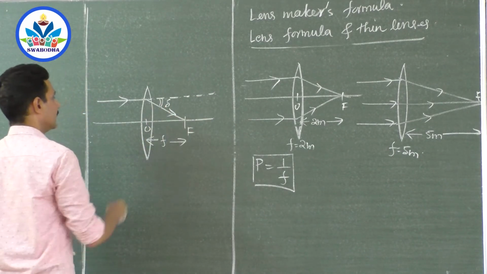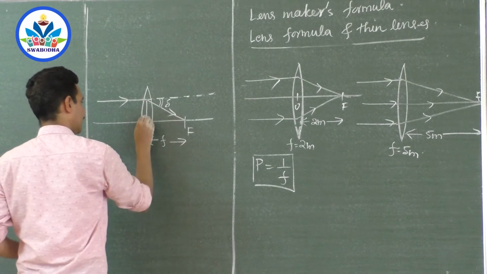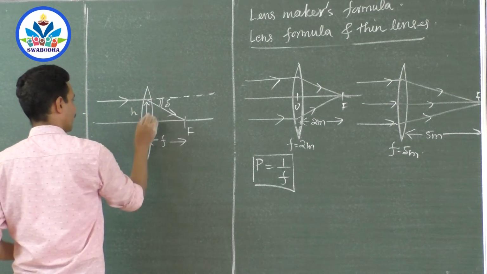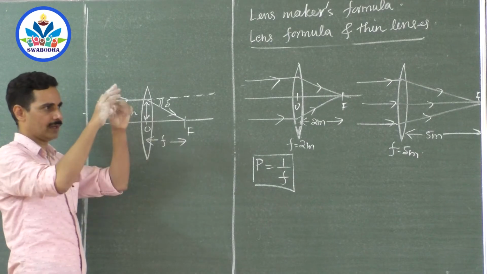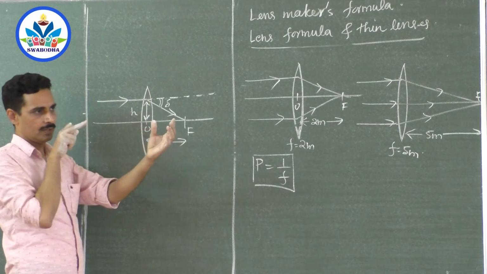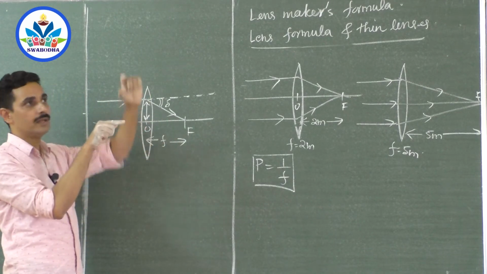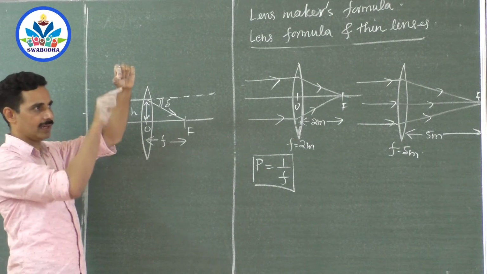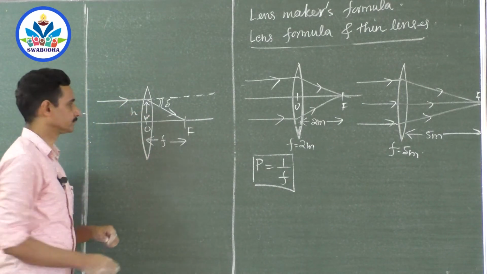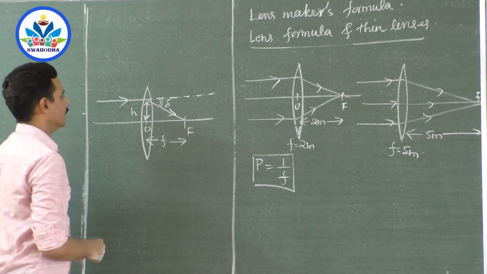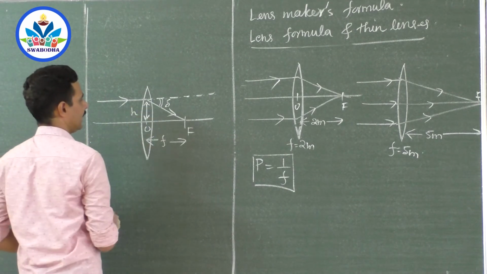And I assume that this ray of light has been incident at a height h from the optic center. The lens is in the form of a circular object, and from the center to the height where the ray is hitting the lens, I take it as h. This is h. Now, the ray of light has been bent by an angle delta.